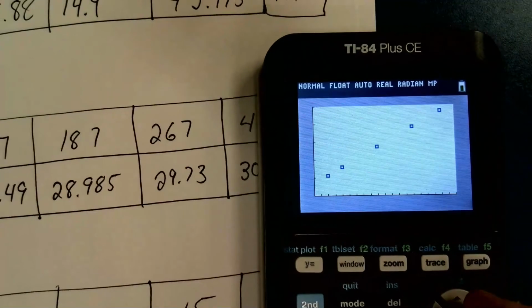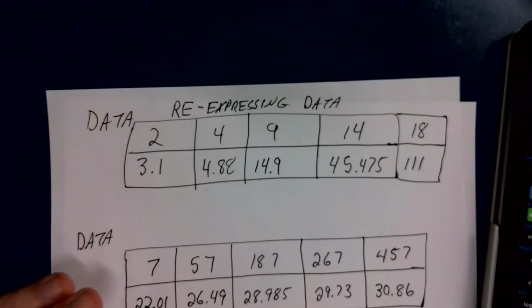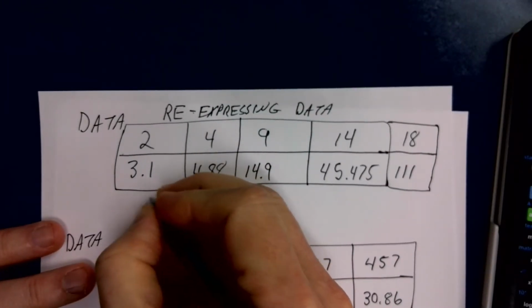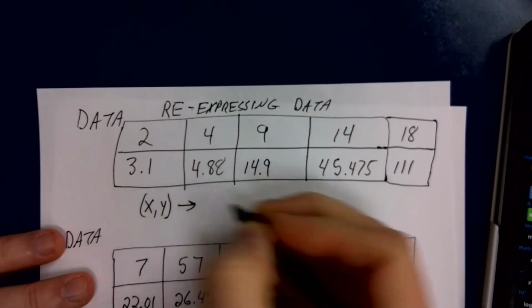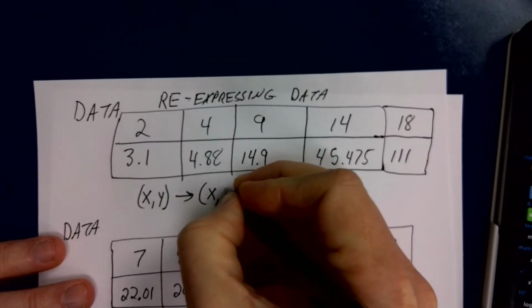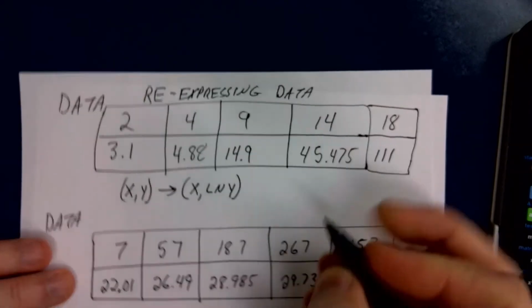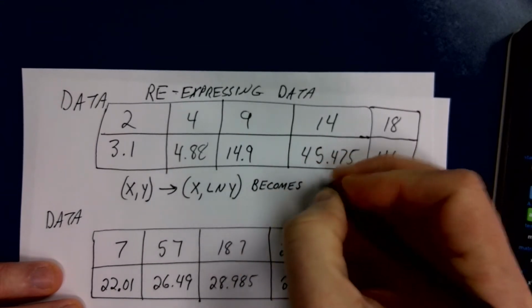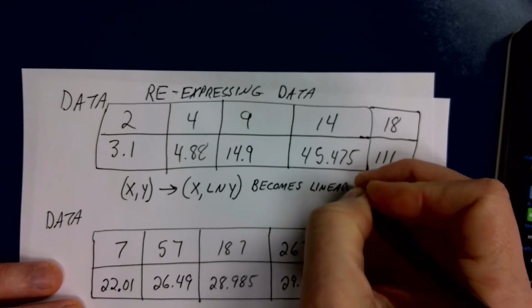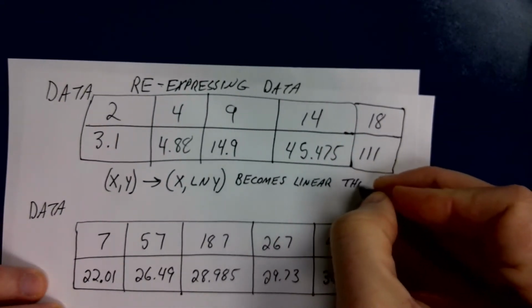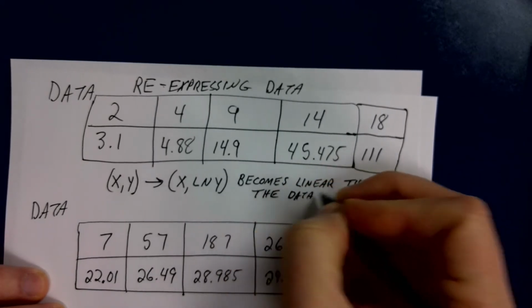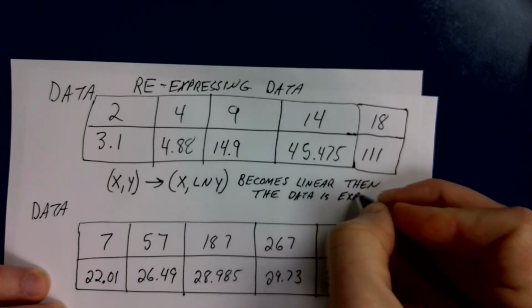Okay, so here's your big if right now. If when you re-express the data, if XY data is re-expressed as x comma ln of y, and it becomes linear, if it becomes linear, then the data is exponential.